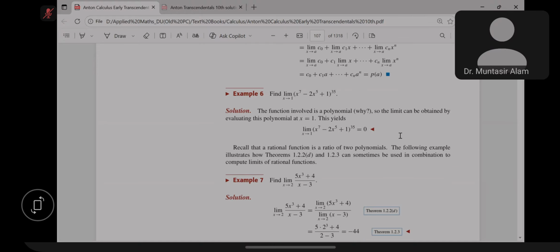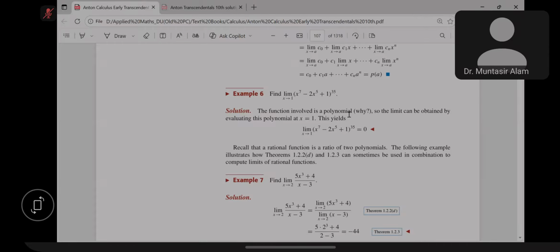Okay, so move to the next problem. Just look at the given problem. x approaches 1. You are requested to find the limiting value of the polynomial x to the power 7 minus 2x to the power 5 plus 1, all to the power 35.